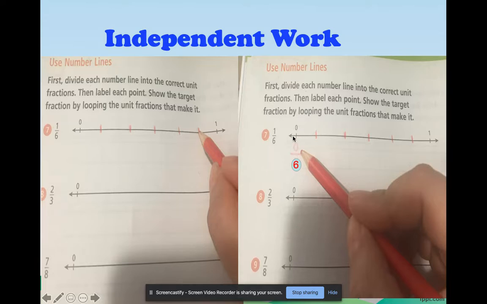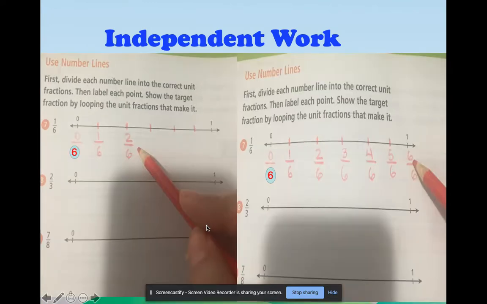For example, the first one would be 0/6 because I have 0 parts here over 6 parts. And then I continued and I labeled 1/6, then 2/6, and so on until I get 6/6, which is the last one.